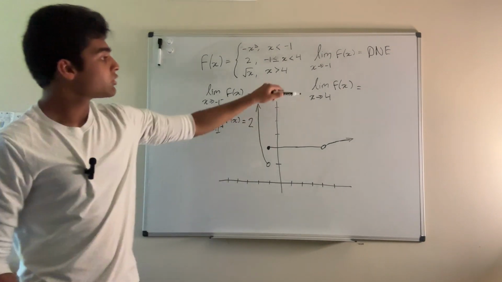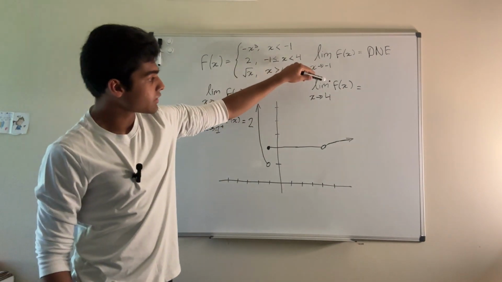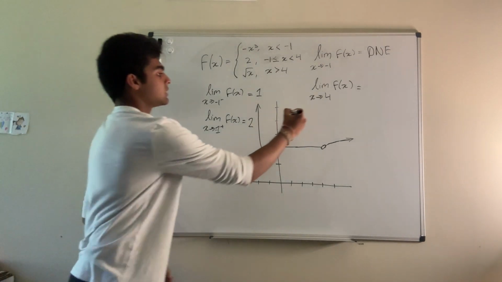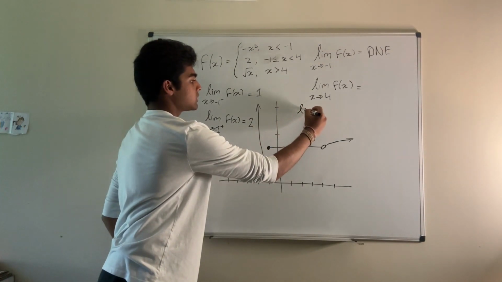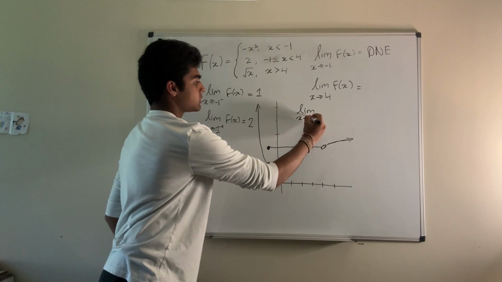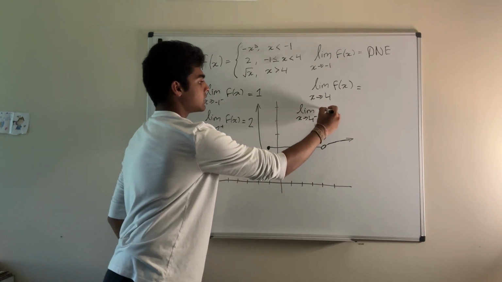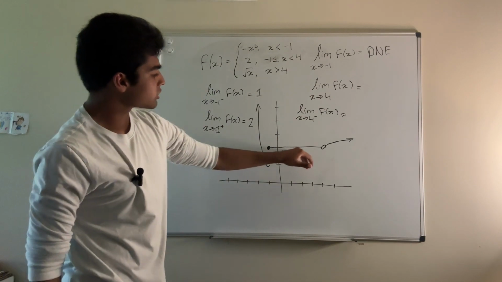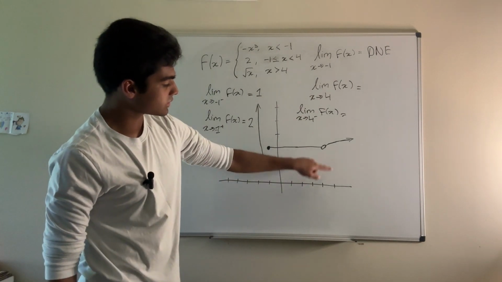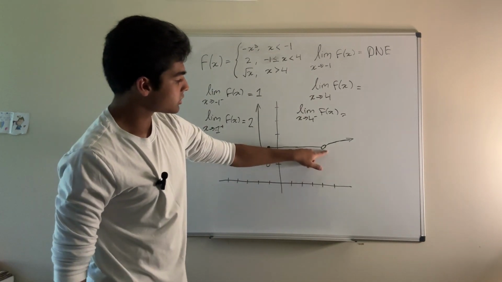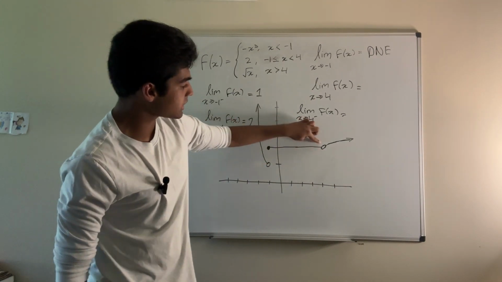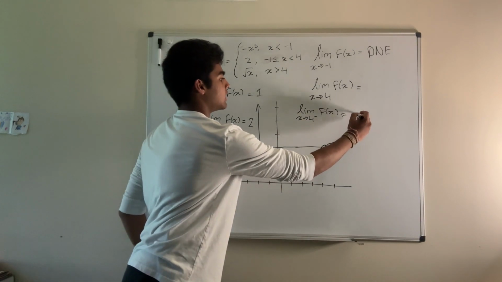Okay? Now if we look at the limit of f of x as x approaches 4 from the negative side, if we look at this graph right here, x equals 4 is right about here, and as x approaches 4 it seems to stay on that line of 2.